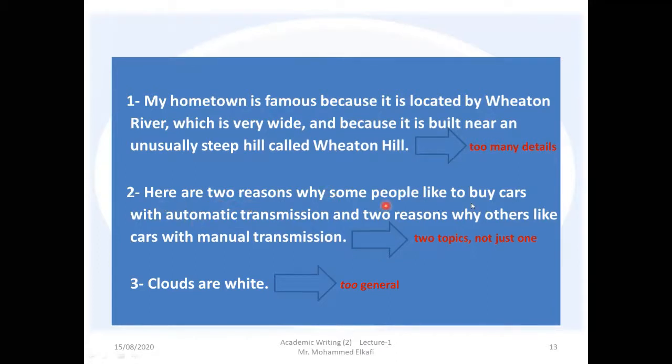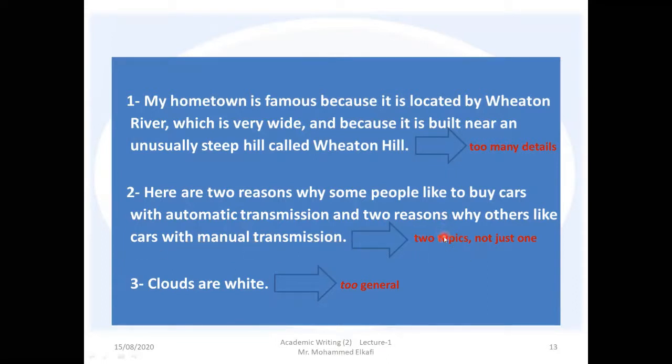The first topic is cars with automatic transmission. The second topic is cars with manual transmission.